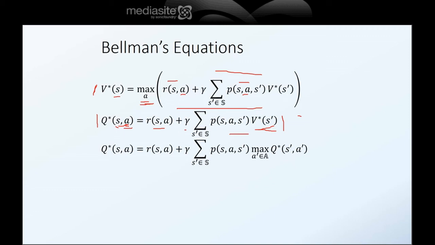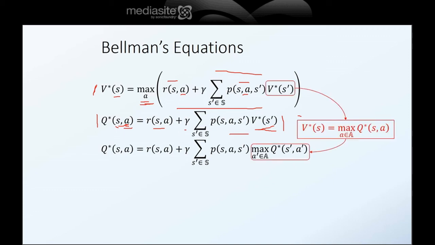Since we saw that V star S equals max of Q star SA, all I have done here is replace S and A with S prime here and A prime here, and so I get this third expression. And here we do have the max, because now V star S prime we are replacing with max of Q star S prime A prime.